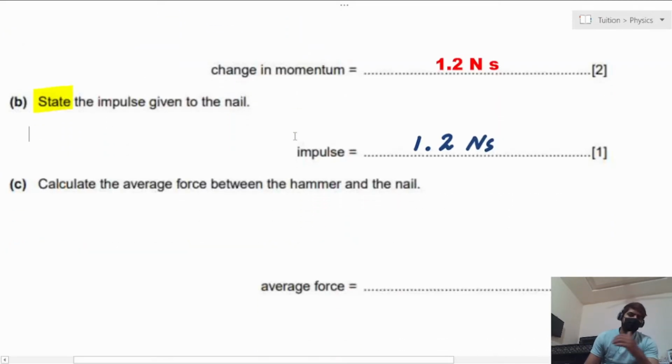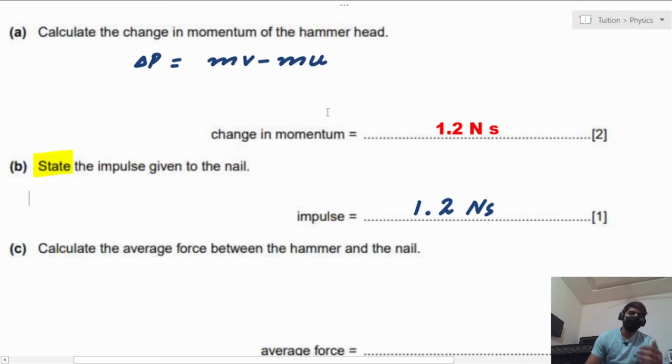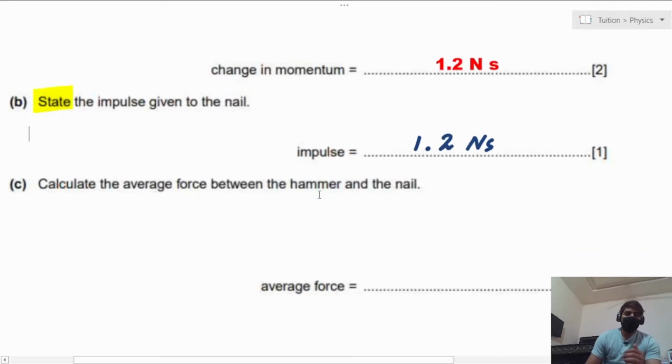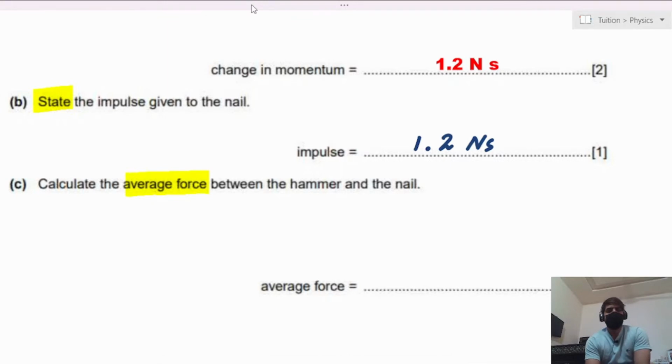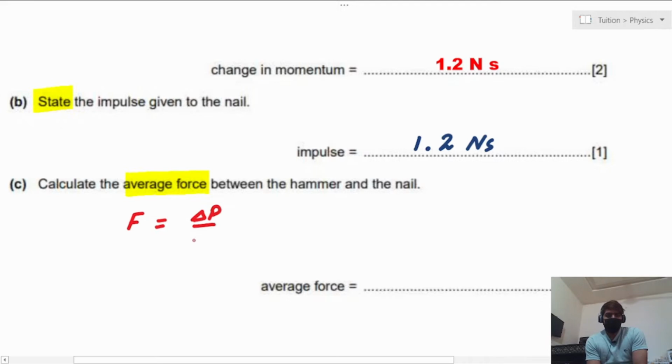So I'm not adding the details of relation between momentum and impulse, because that is not the main topic. Rather, our topic is to calculate the force, right? The average force between the hammer and the nail. Now we write down the formula that I was saying. Force, average force equals change in momentum delta P over delta T. Now let us insert the values.